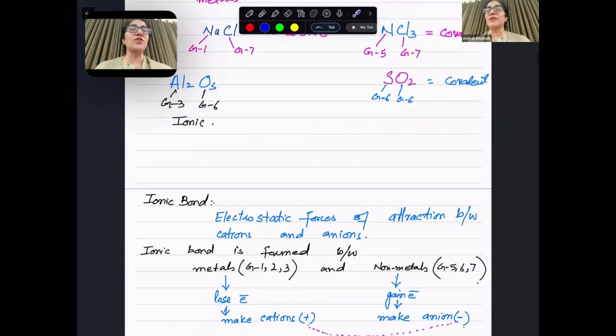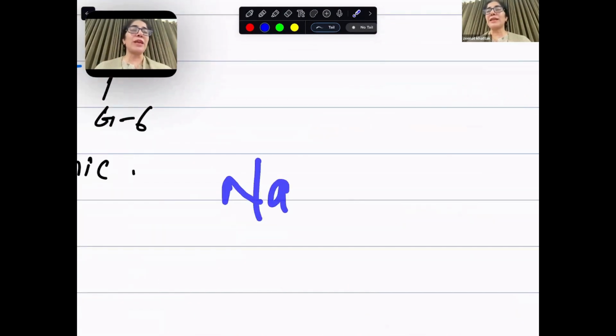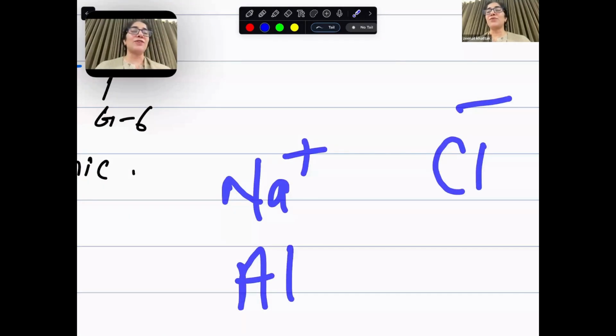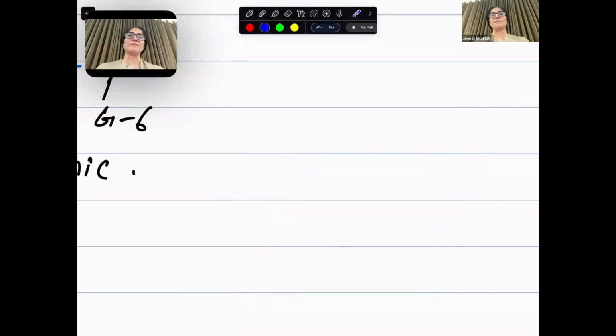The definition that you usually do in O1, O2, that it is the bond formed by the complete transfer of electrons, is not the exact definition. If you see the mark scheme, the perfect definition is electrostatic forces of attraction between cations and anions. But how are the cation and anion formed? They are formed by complete transfer of electrons from metal to non-metal.